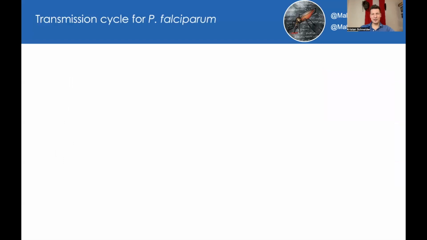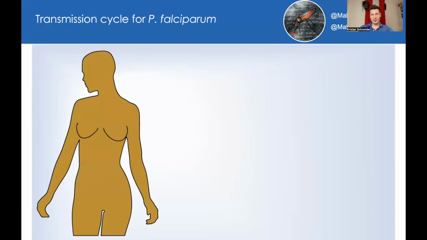Let's start to describe the transmission cycle of Plasmodium falciparum. For malaria transmission, we need humans and we need female Anopheles mosquitoes. There are about 100 known Anopheles species which can transmit malaria to humans.